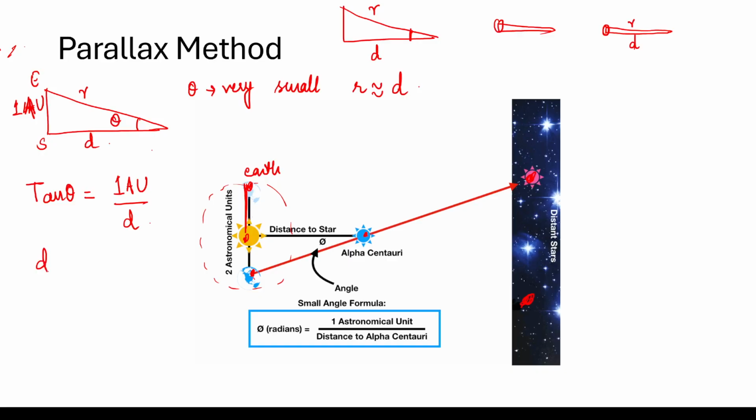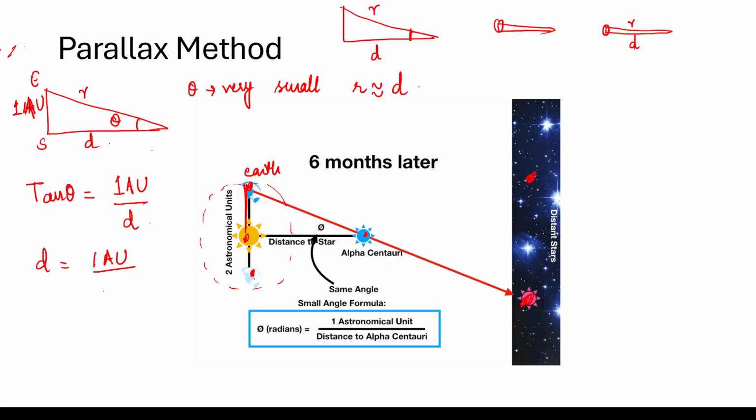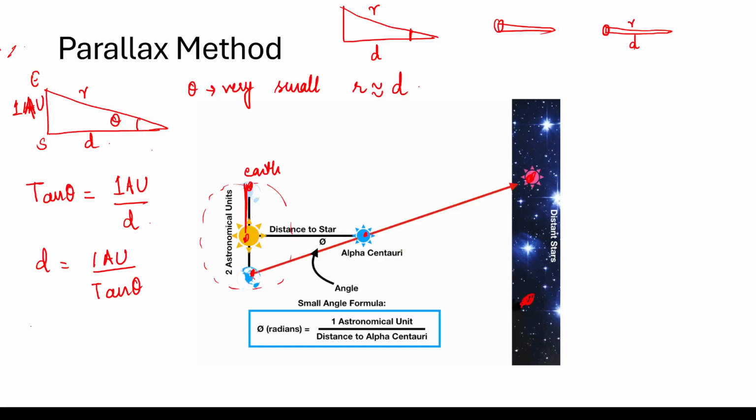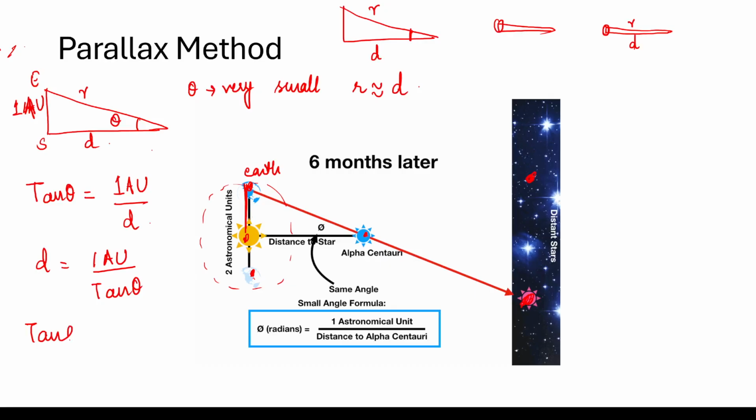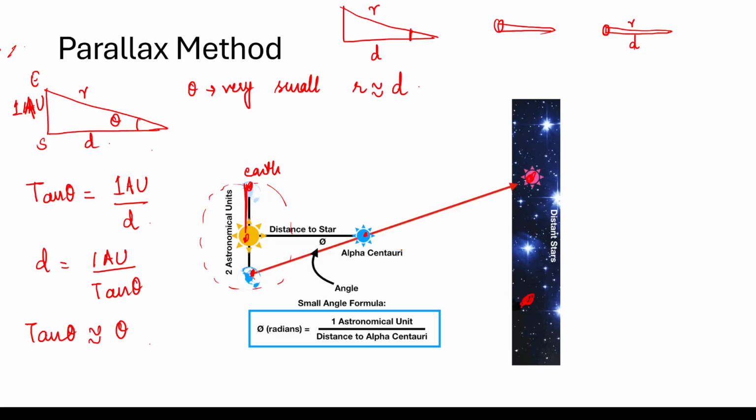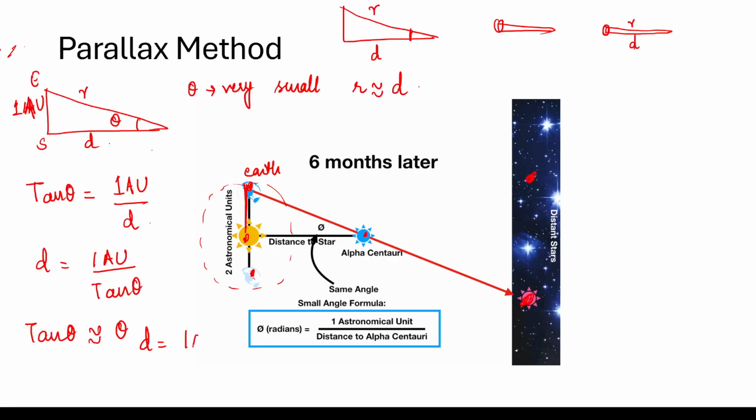So to calculate D, the distance between the star and the Earth or Sun, it is this. And because the angle is very small, tan theta is nearly equal to theta, almost exactly equal. So I can write D as 1 AU over theta.